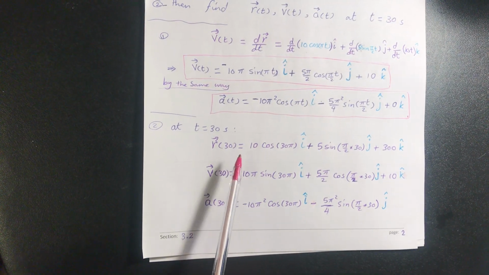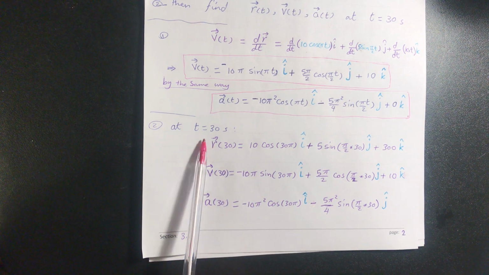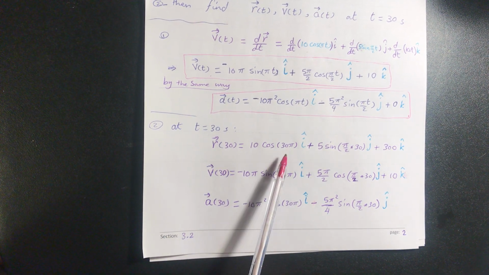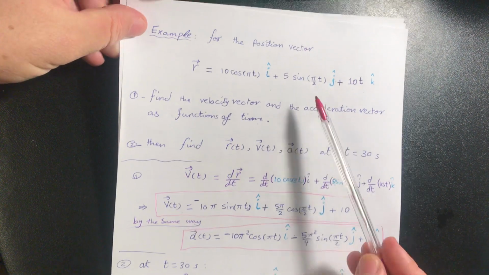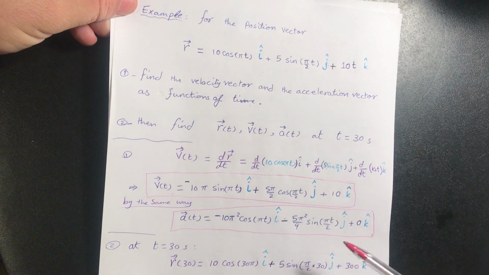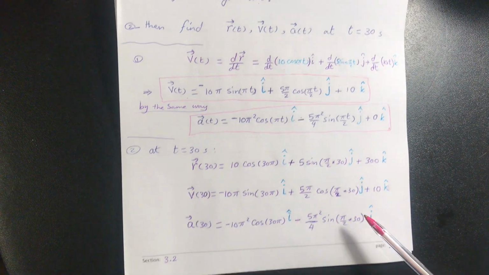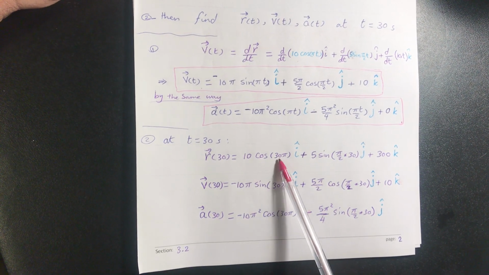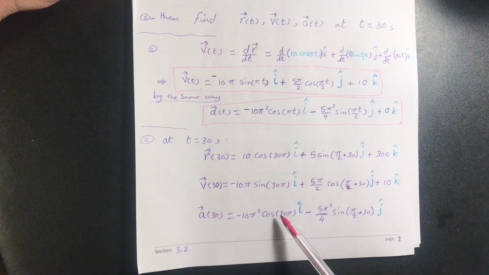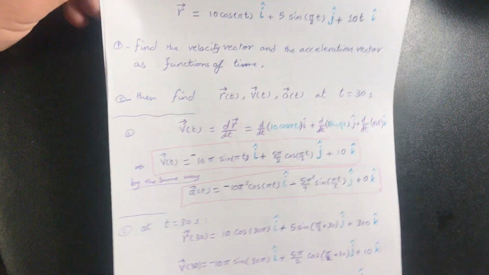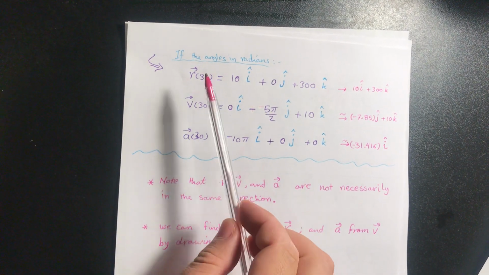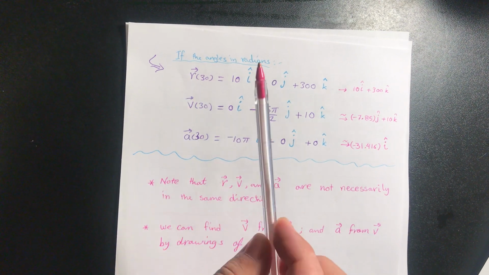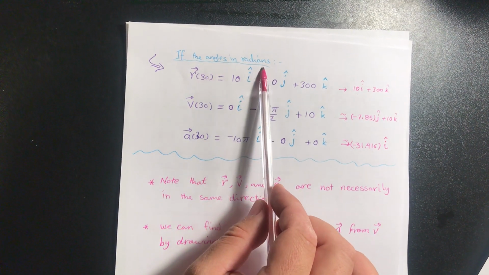Now, what is the value of each of them at t equal 30? We need just to put 30 in place of t for the position, the velocity, and the acceleration vectors. Be careful about the angles and radians.